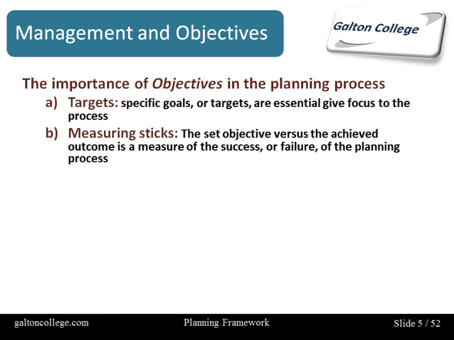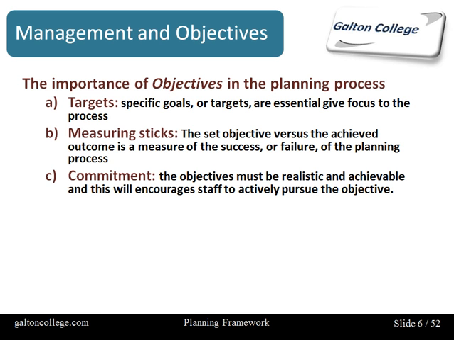One, that the objectives set out in the plan were not realistic. The plan was bad. Or secondly, there was inefficiency or inability, for whatever reason, on the part of the managers to achieve those objectives. But one way or the other, we have measuring sticks. We have a way of measuring performance against the plan.